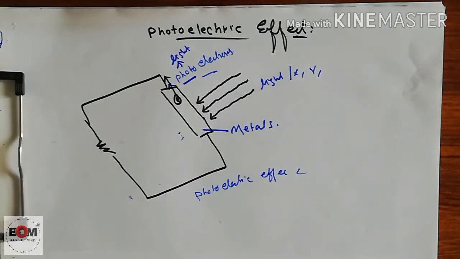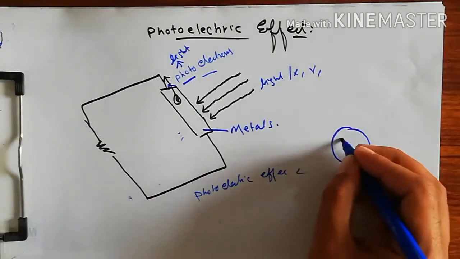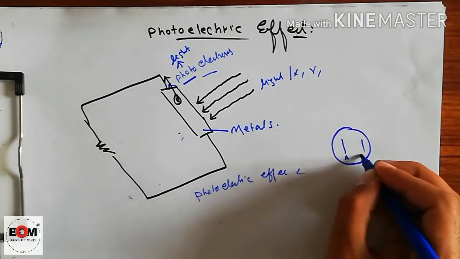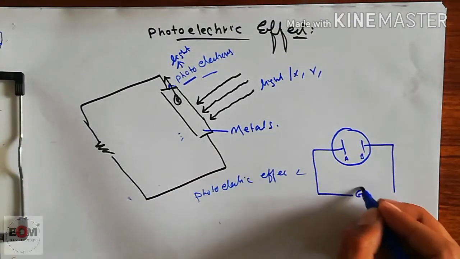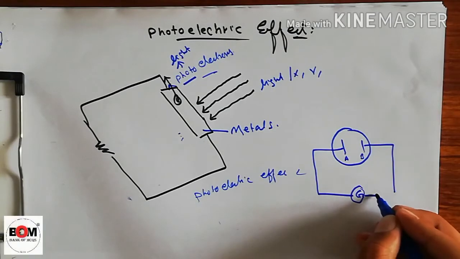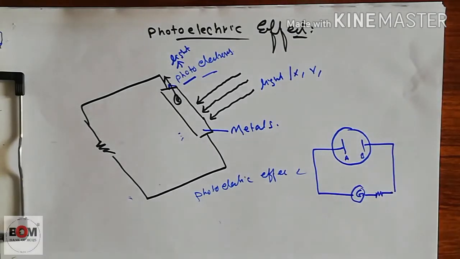Now to check this process, we will take metals A and B, and connect them to a battery or galvanometer to check whether current is produced or not, and we will connect a resistor to use this energy.